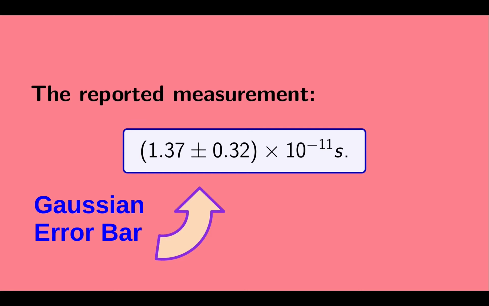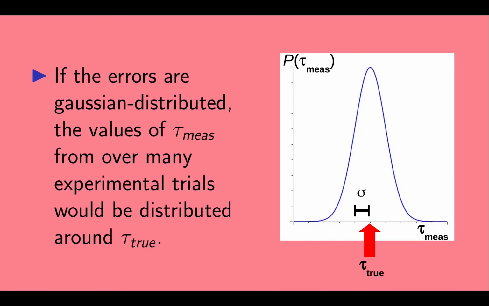Again, we have the reported measurement of the particle lifetime with its Gaussian error bar. If the errors are Gaussian distributed, the values of tau measured, obtained over many experimental trials, would be distributed around the true value of the lifetime, tau true.